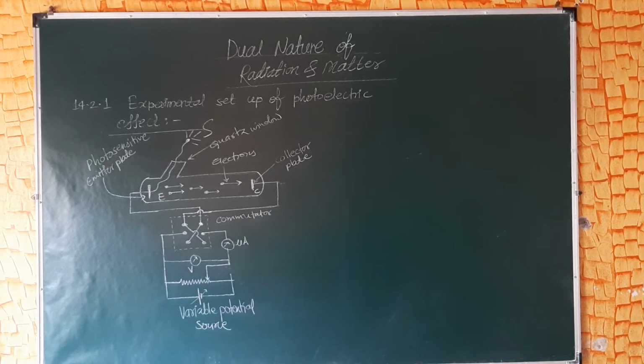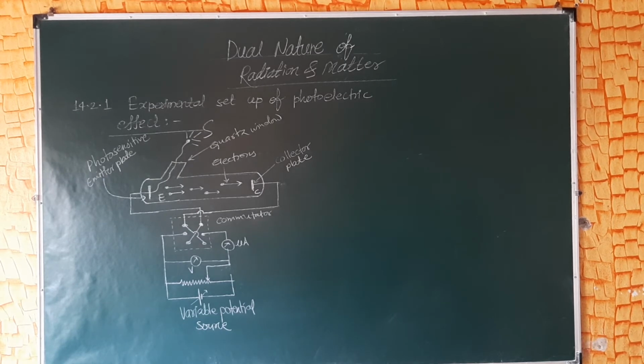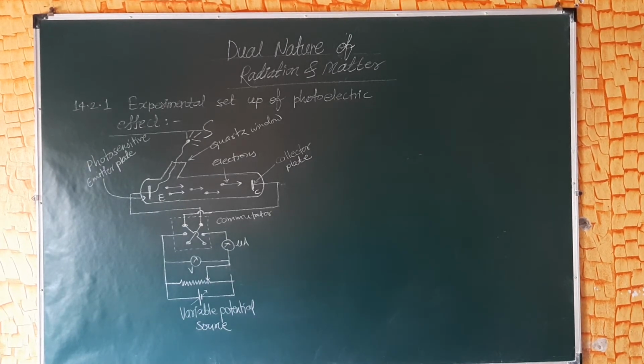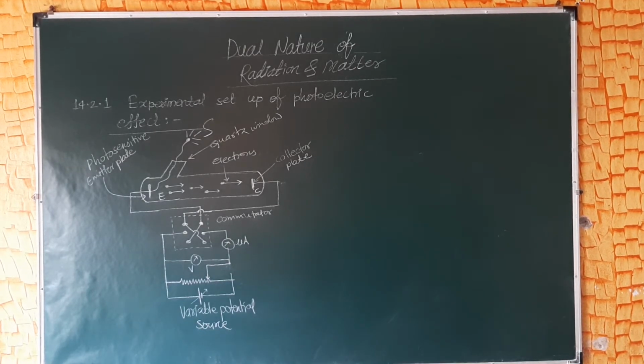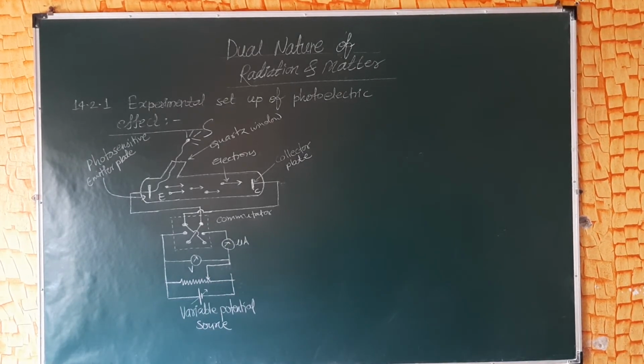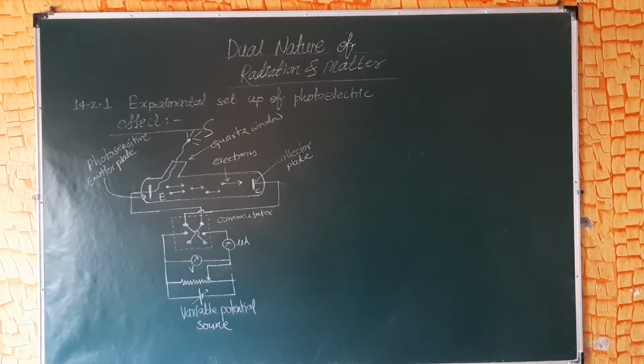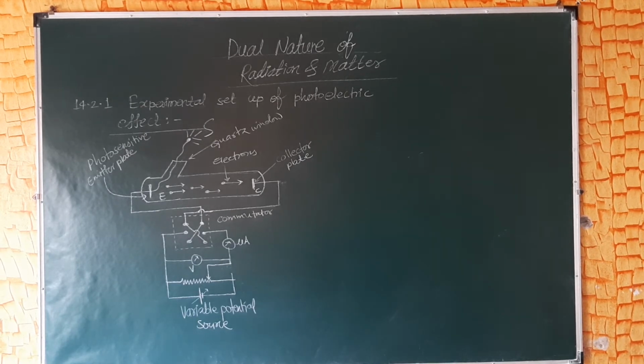So emitter and collector are connected to a voltage source whose voltage can be changed, and to an ammeter to measure the current in the circuit. A potential difference V, as measured by the voltmeter, is maintained between the emitter E and collector C, the anode. Normally C is at positive potential with respect to the emitter.